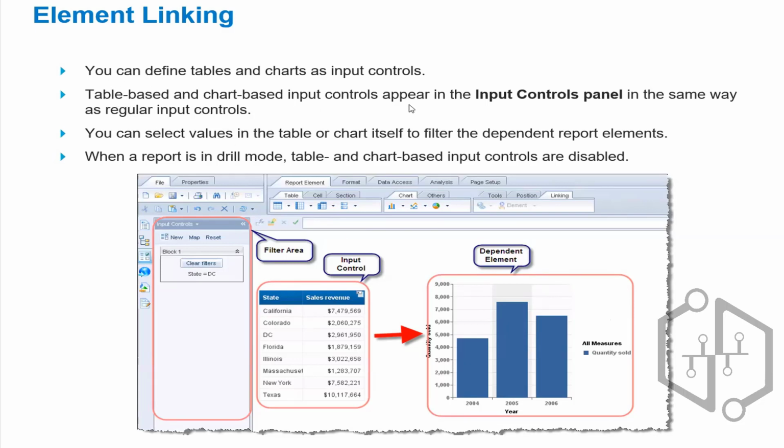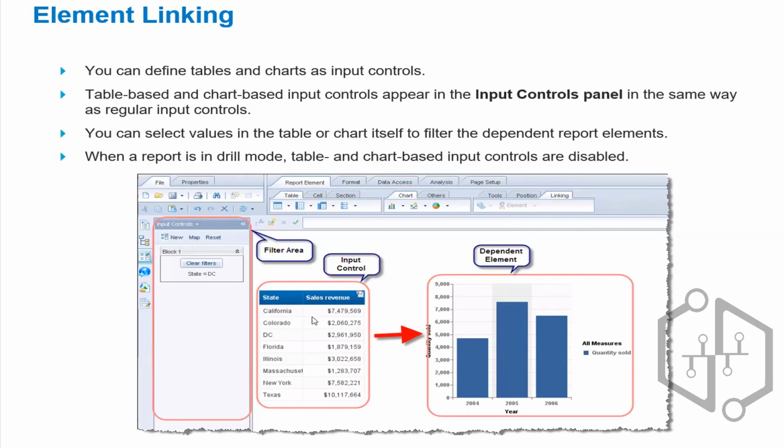Table-based and chart-based input controls appear in the input controls panel. Here, these will also appear in this input controls panel, like block 1 is working as an input control, and state DC is applied, so the filter is applied for state equal to DC. Whichever block is acting as a filter, and which value is selected for that filter, is shown in this input controls panel.